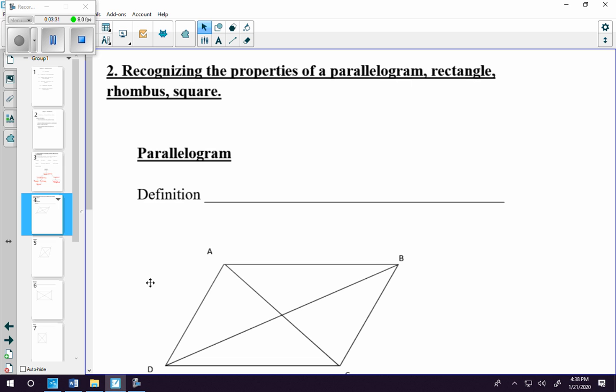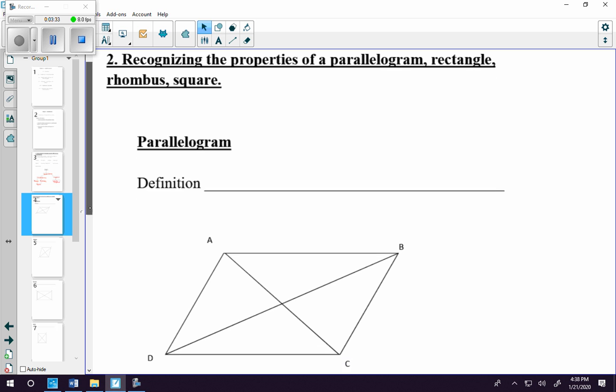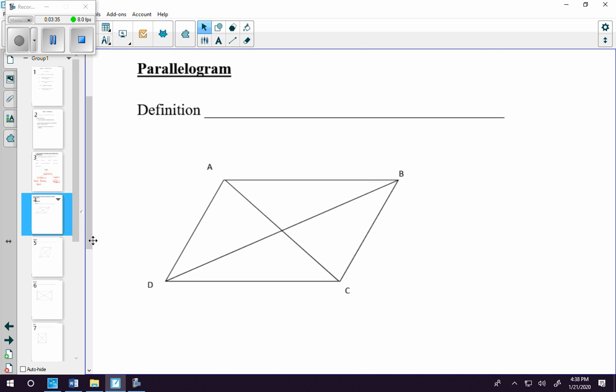Okay, so for parallelogram, the definition, as you might recall, is a parallelogram, and I won't write it there, but you can. A parallelogram, by definition, is a quadrilateral in which both pairs of opposite sides are parallel. So again, the definition of parallelogram is a quadrilateral in which both pairs of opposite sides are parallel.